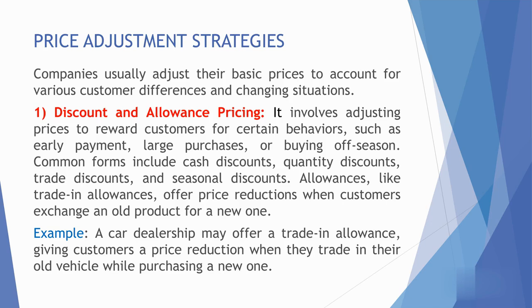Common forms include cash discounts, quantity discounts, trade discounts, and seasonal discounts. Allowances, like trade-in allowances, offer price reductions when customers exchange an old product for a new one. Example: a car dealership may offer a trade-in allowance, giving customers a price reduction when they trade in their old vehicle while purchasing a new one.